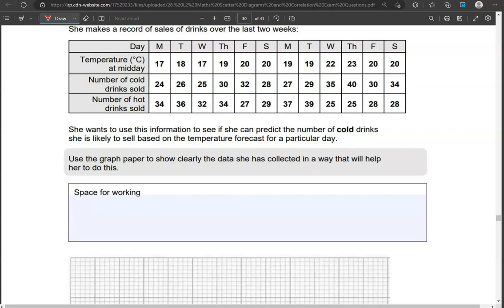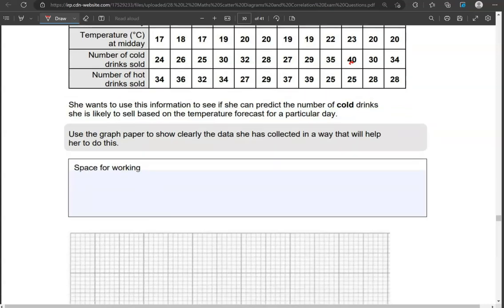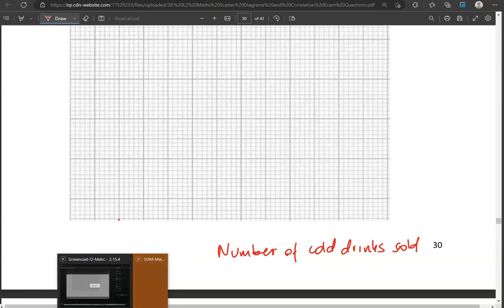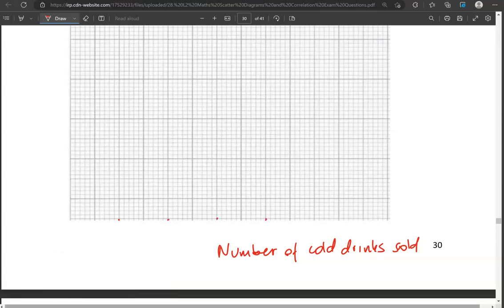So the highest number of cold drinks sold, that is 40. Into 10, 20, 30, 40, 50, 60, and so on.